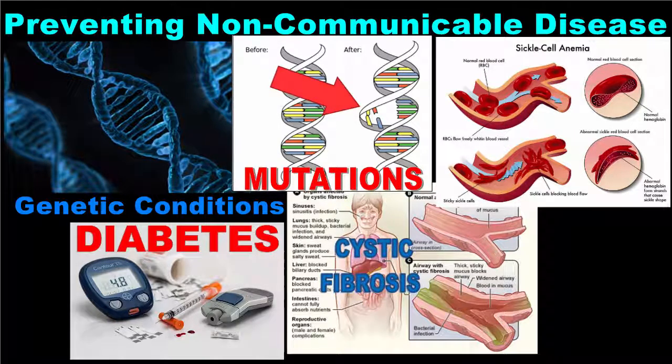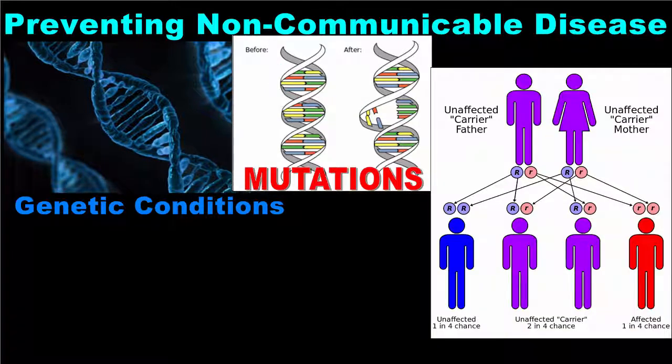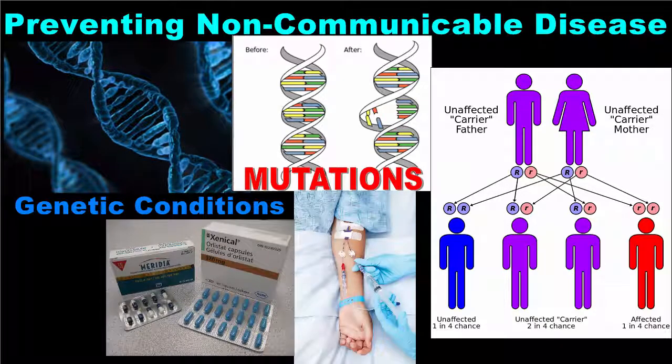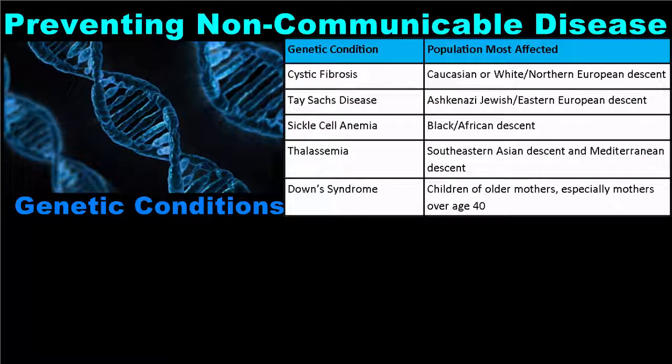These mutations cause our bodies to malfunction in various ways. Genetic disorders are passed on from parent to offspring, so people with genetic conditions are born with them, and there are no cures, only treatments and medications that help them manage their illness and lead as healthy a life as possible. Some genetic conditions are more common in specific population groups.